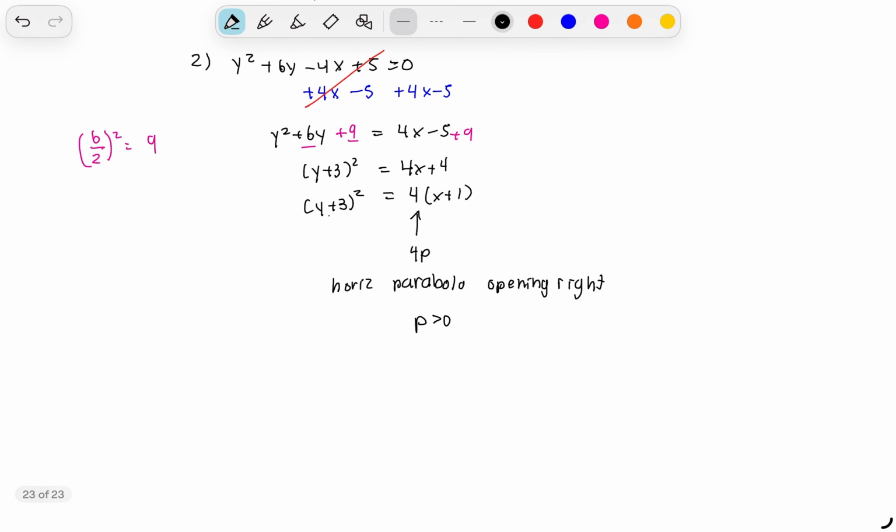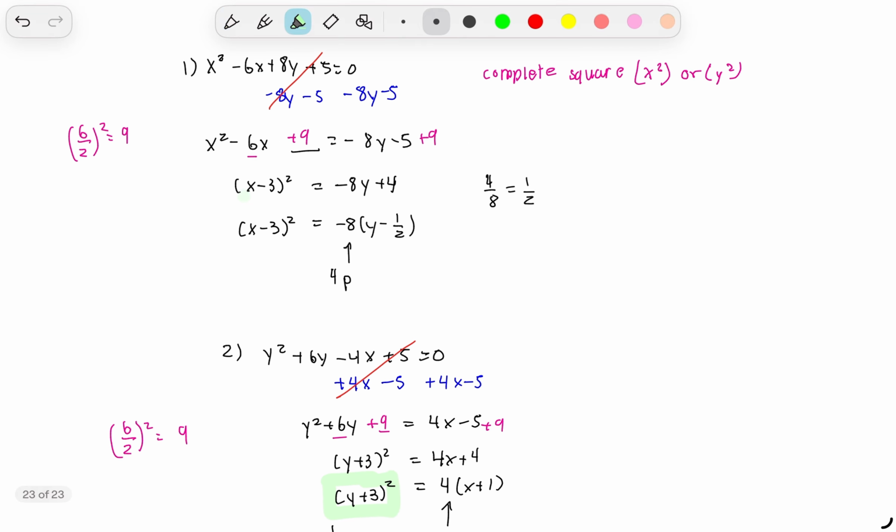And also we can see that the expression that is squared is y. Y squared means that it's either pointing this way or this way. In this case, it's pointing to the right, but that's how you know it's horizontal. Here, you had x squared. When you have x squared, just think of your normal parabola that you always use in algebra.